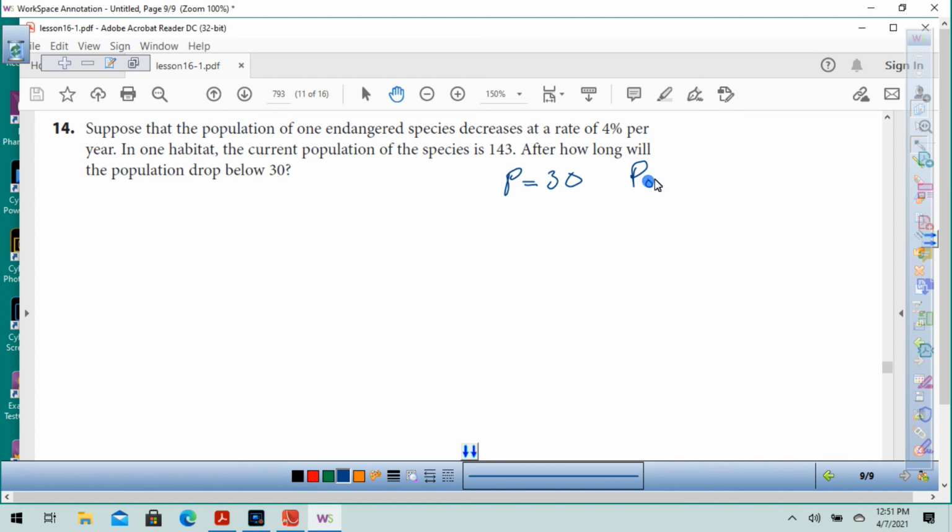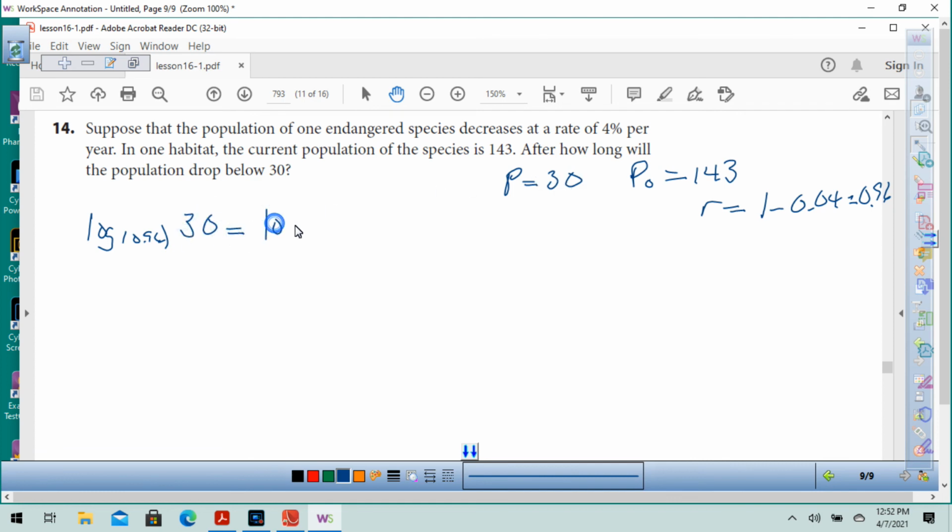The initial principal is 143, and the rate is 1 minus 0.04, which is 0.96. Okay? Now, we did this just a little bit ago, and we said log base and the rate, that's going to be 0.96, and that's going to be 30.